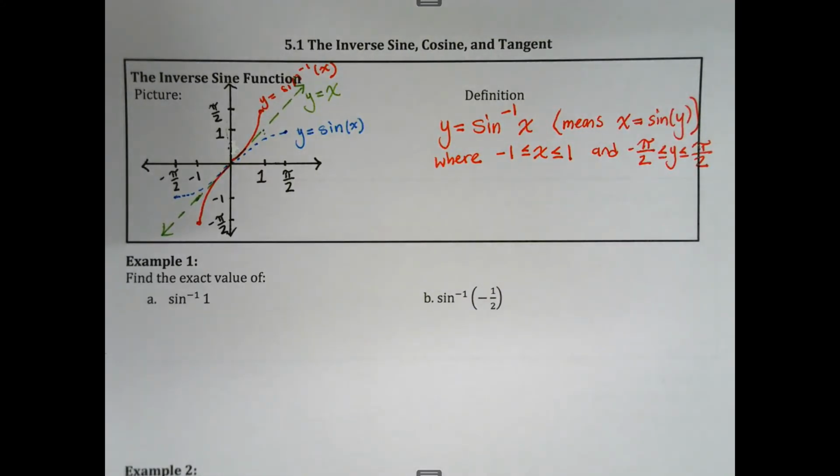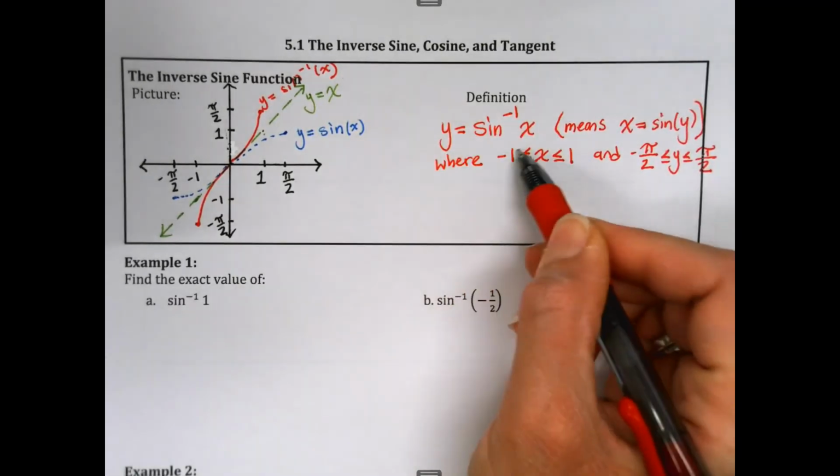We have to restrict our domain and our range because we cannot have more than one y value for every x value. And since our sine function repeats over and over, we have to always think about restricting the domain.